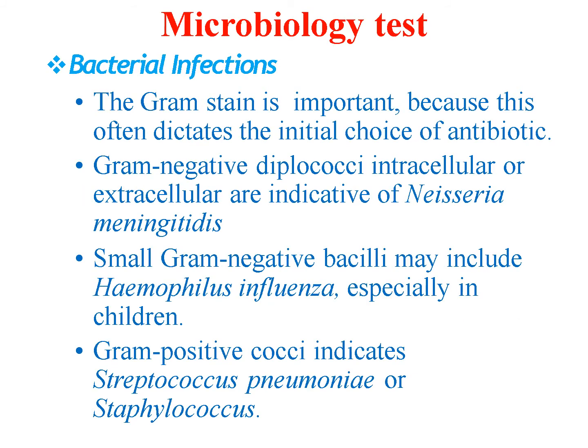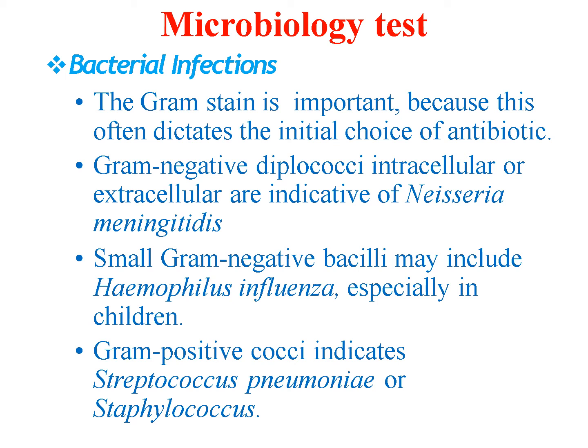With regard to microbiology tests, with bacterial infection, the gram stain is important because it indicates the initial choice of antibiotic. Gram-negative diplococci, whether intracellular or extracellular, are indicative of Neisseria meningitidis. Small gram-negative bacilli may include Haemophilus influenzae, especially in children.